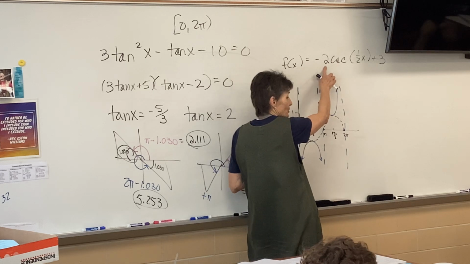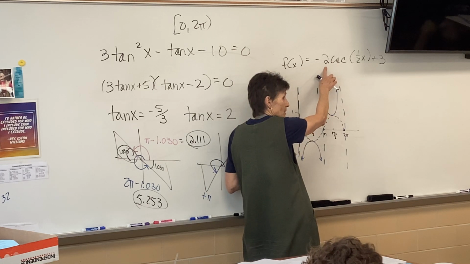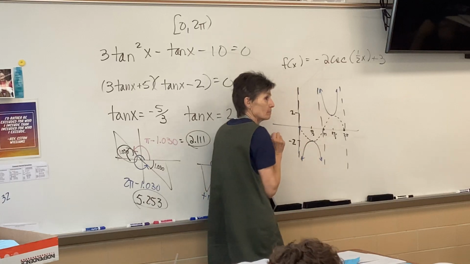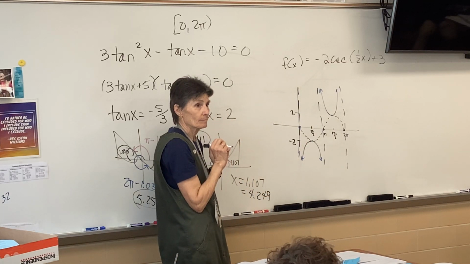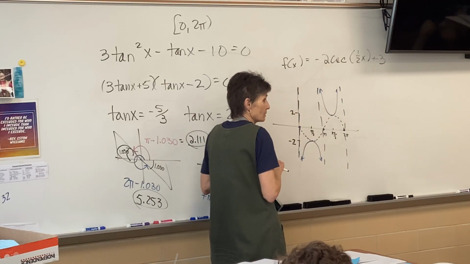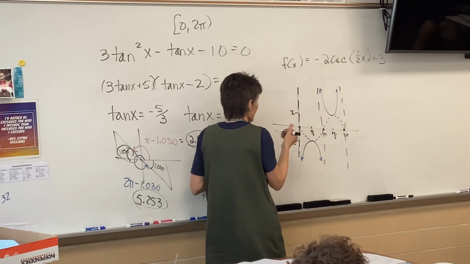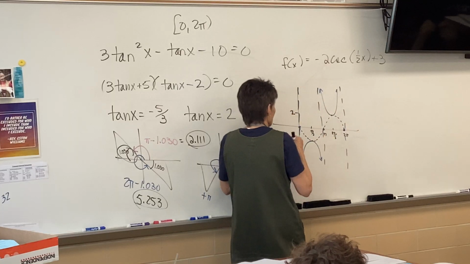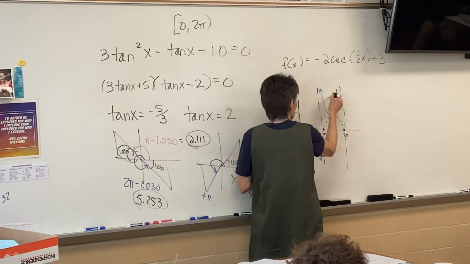What is that going to do to it? That's going to make these 2's, right? What is that going to do to it? Up 3, so instead of this point being at 2, it's now going to be at 5.